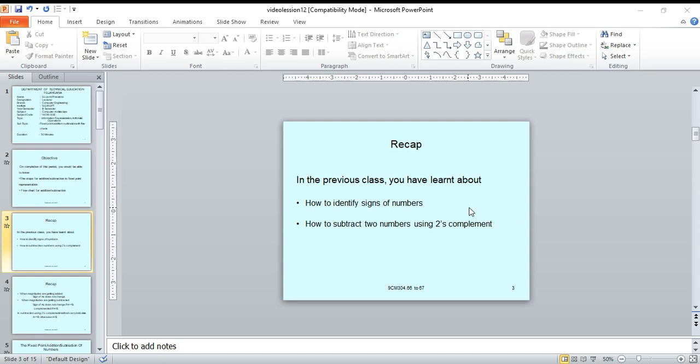Once you get the two's complement value, it is added to a. After performing the addition of the two numbers, if you get the carry as 1, then a is greater than b. If you get the carry as 0, then a is less than or equal to b. In that way we can do the subtraction of the two numbers.